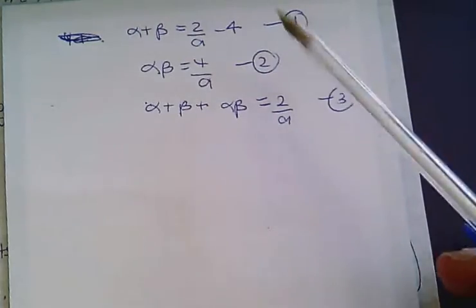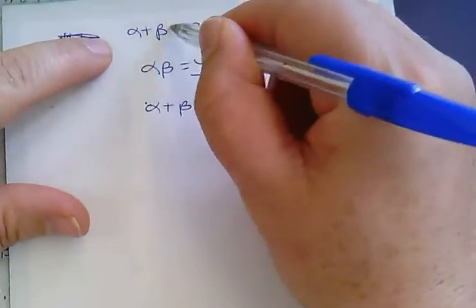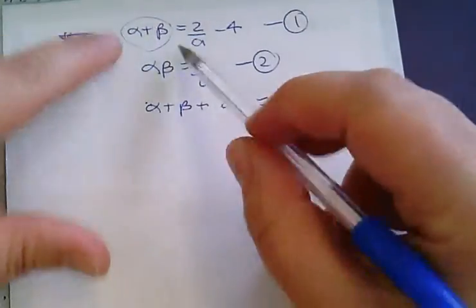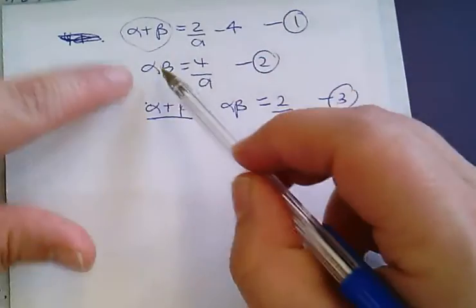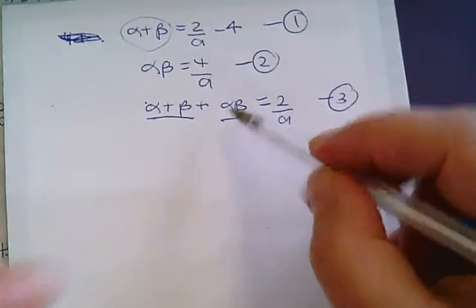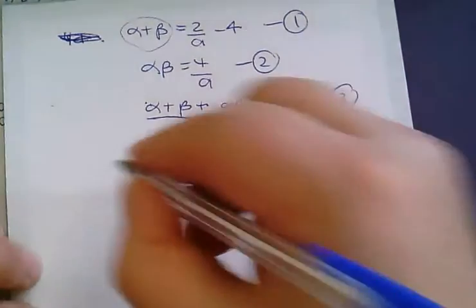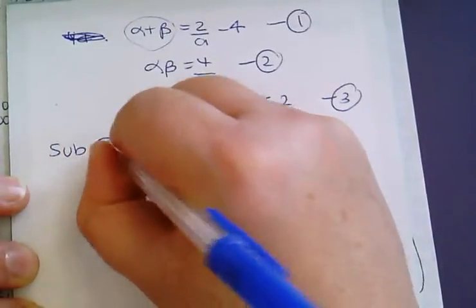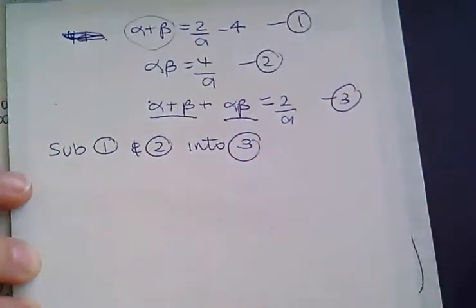See it on the one screen. We've got these 3 equations. So if we substitute alpha plus beta is 2 on a minus 4 in here, and if we substitute alpha times beta into here, which is 4 on a, we're only going to be left with a as the unknown. So what we're doing is substituting equation 1 and equation 2 into equation 3.